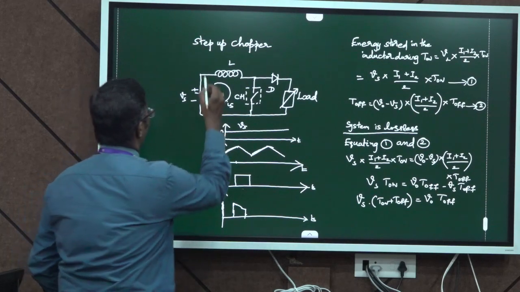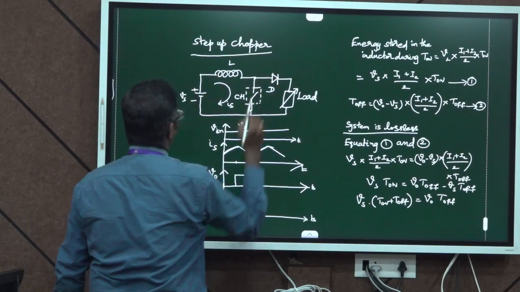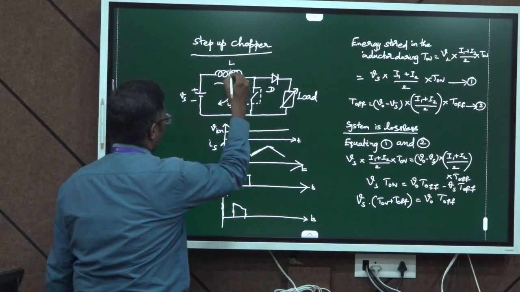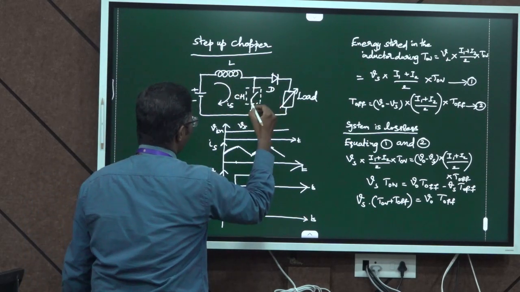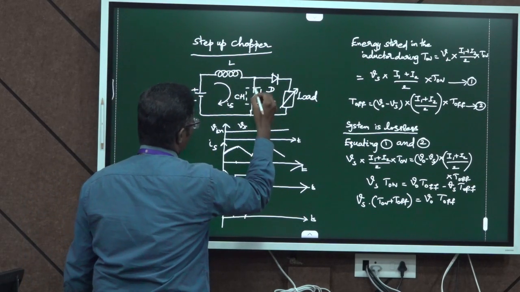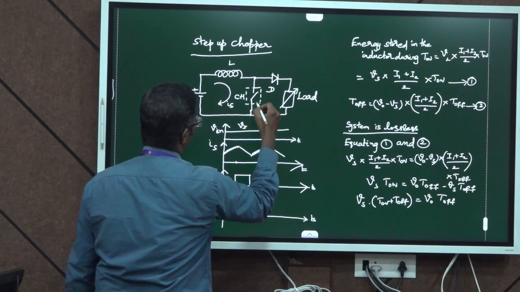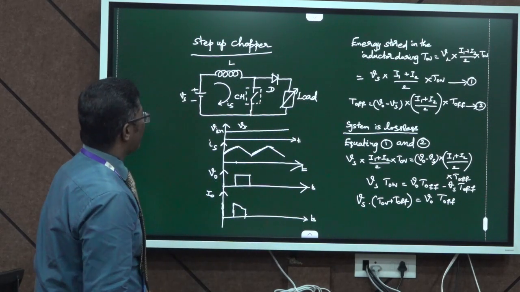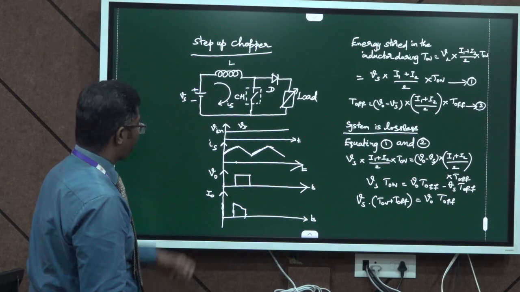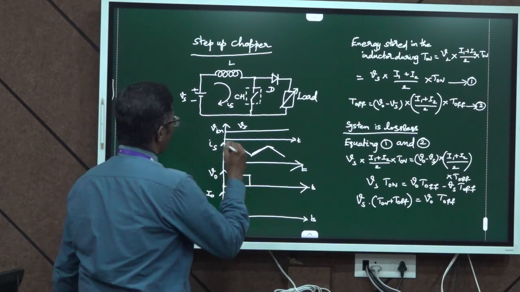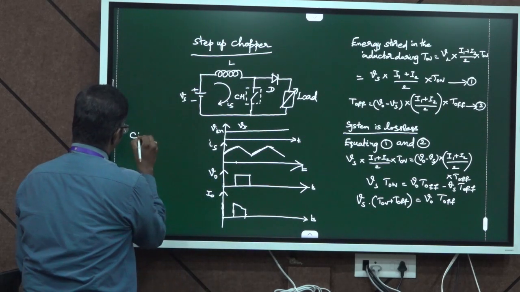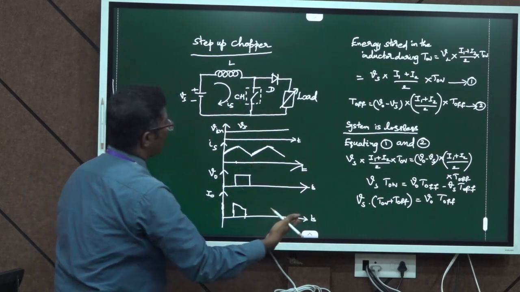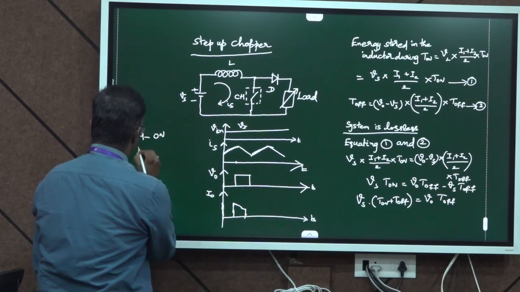Consider a circuit diagram for a step up chopper, and it consists of a supply voltage Vs, inductor, and then this is the chopper, that is a static circuit, and a diode, and then the load. And here consider this case, during the instant the chopper is in on state, that is the switch is closed, then what will happen to the output voltage V naught?